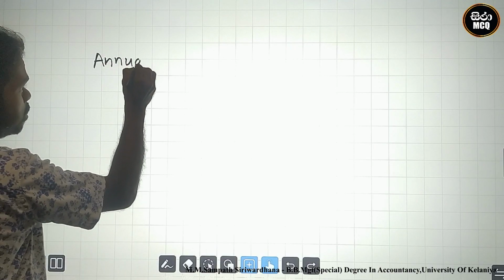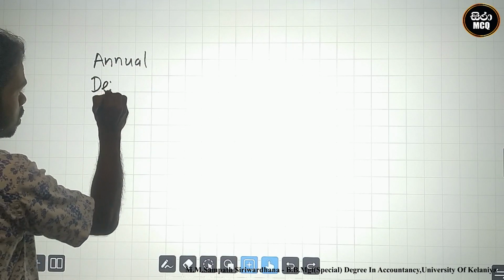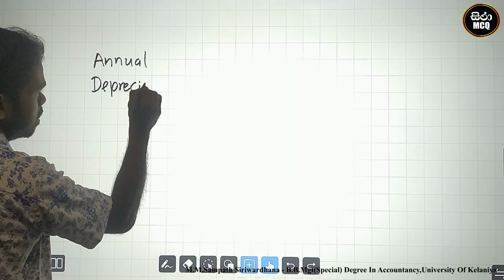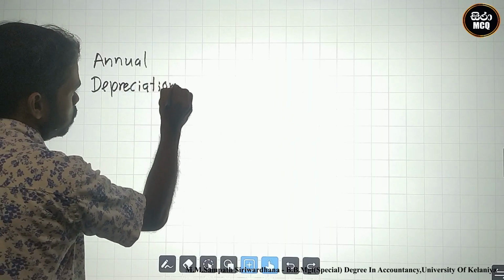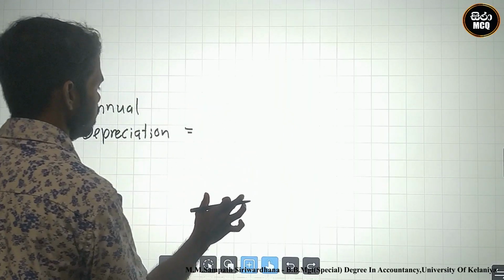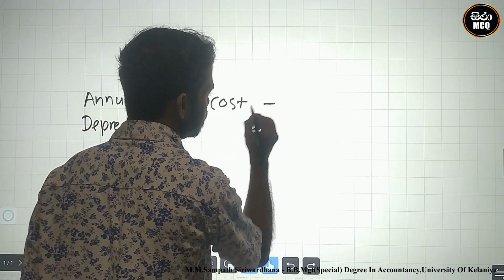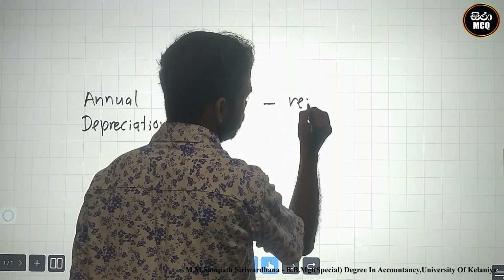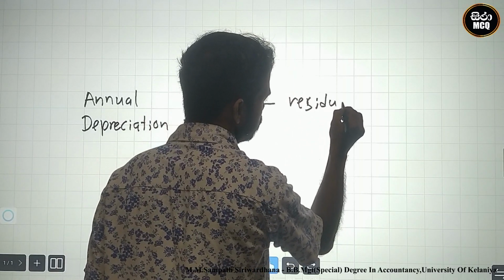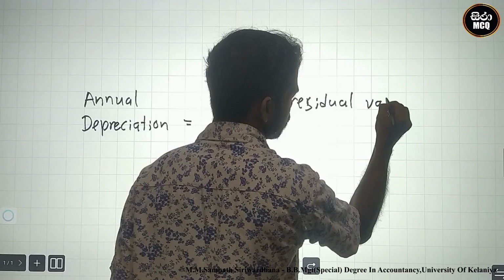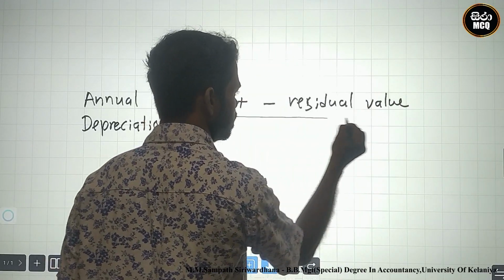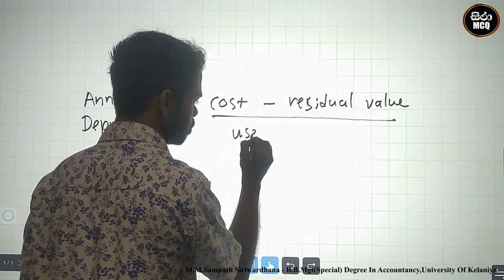Annual depreciation is calculated this way: cost minus residual value, divided by the useful lifetime.